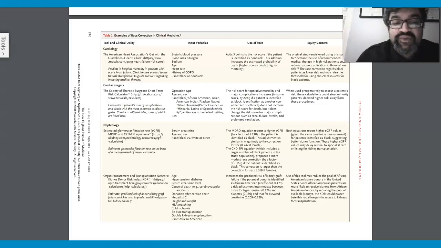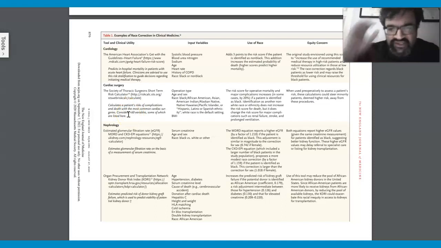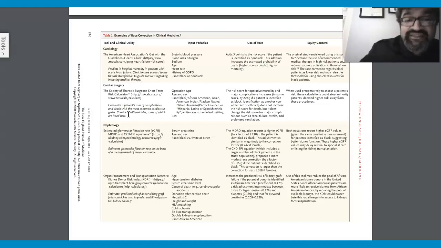Cardiac surgery. Where are the equity concerns? Well, first of all, the scoring system calculates a patient's risk of complications and death with the most common cardiac surgeries. It considers greater than 60 variables, some of which are listed here: operation type, race and sex. For race, the default setting is Black, Asian, American Indian, Hispanic, Latino, and then BMI.